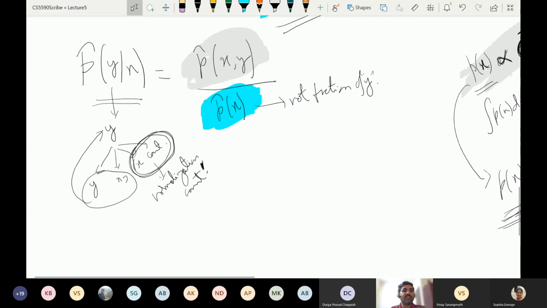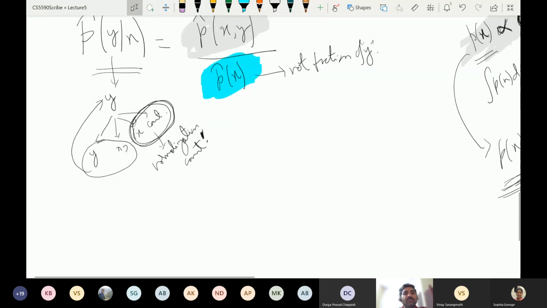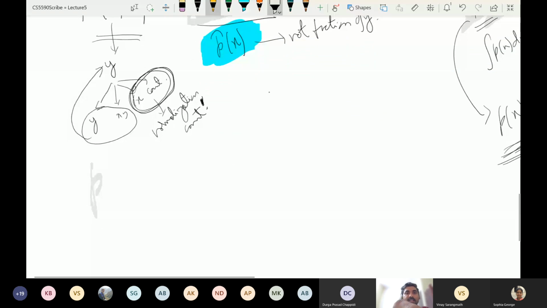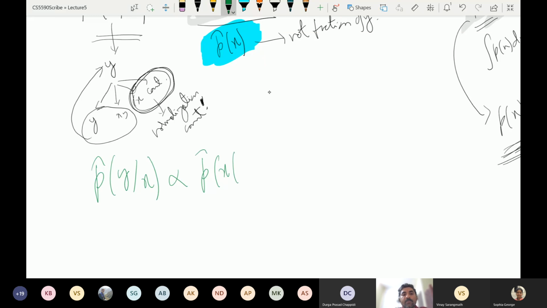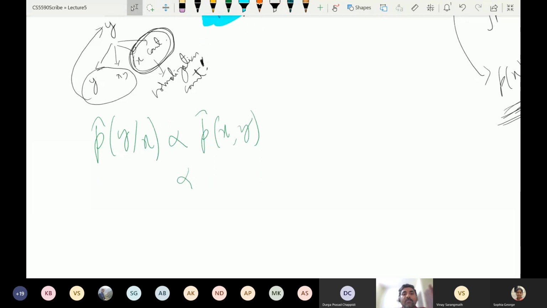Okay, so if the philosophy is clear, let's put it into action. For this case, let's try to write down cleverly what the posterior is. The posterior will be proportional to the joint, and even in the joint it will be proportional only to terms containing y.